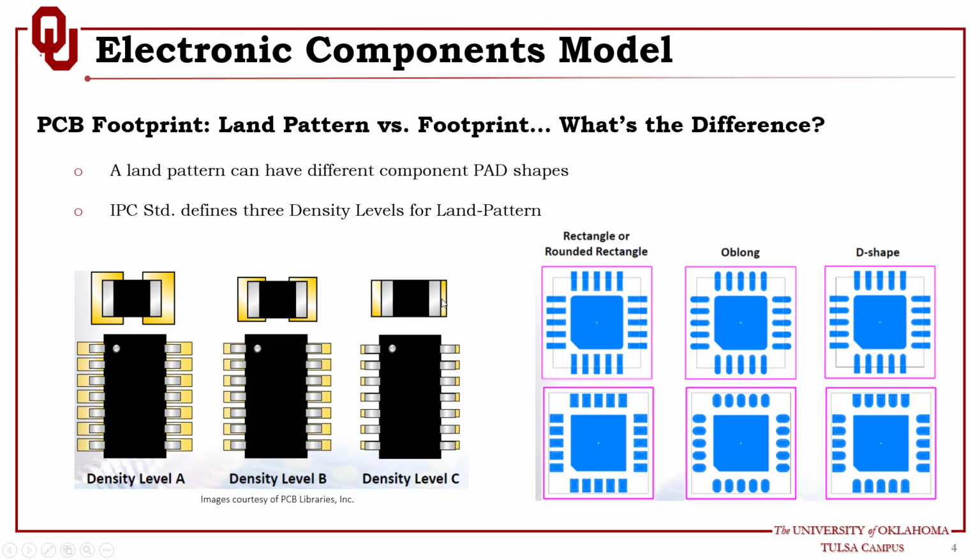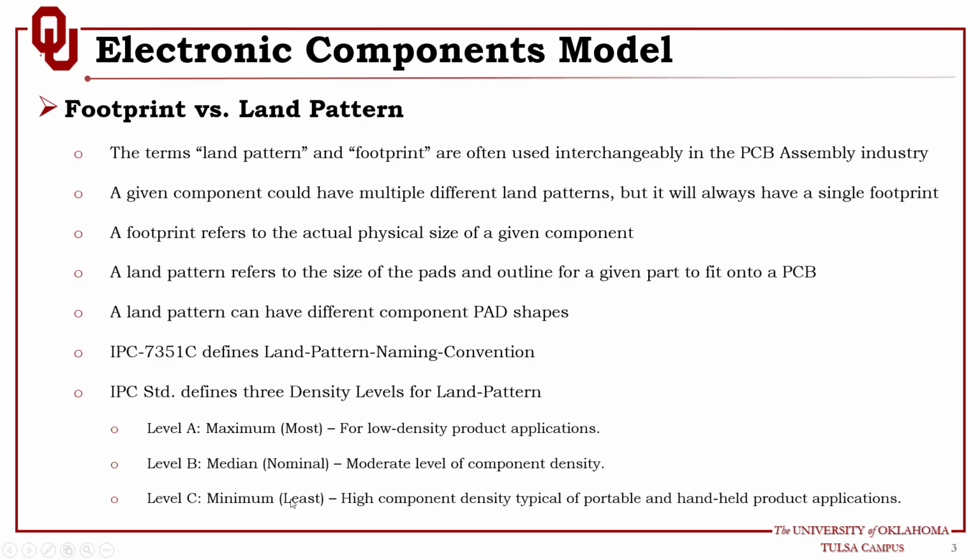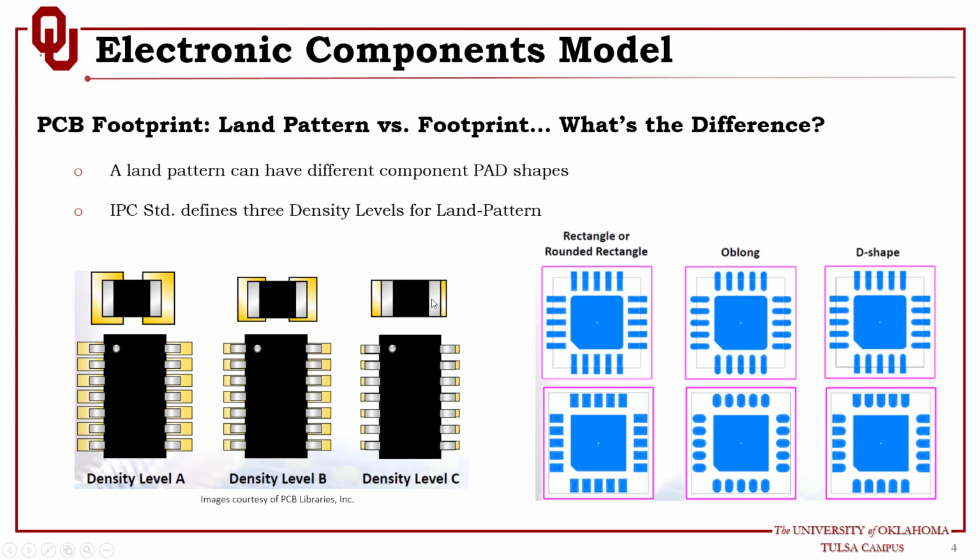Now, if you go to the high density board, which is the least in here, if you go back, it's the least, which is minimum for high density. You can see that the land pattern or the pads are just slightly larger than the actual physical footprint of the component. And the other example you can see here, we have an integrated circuit, and this integrated circuit has 7 pins on each side.